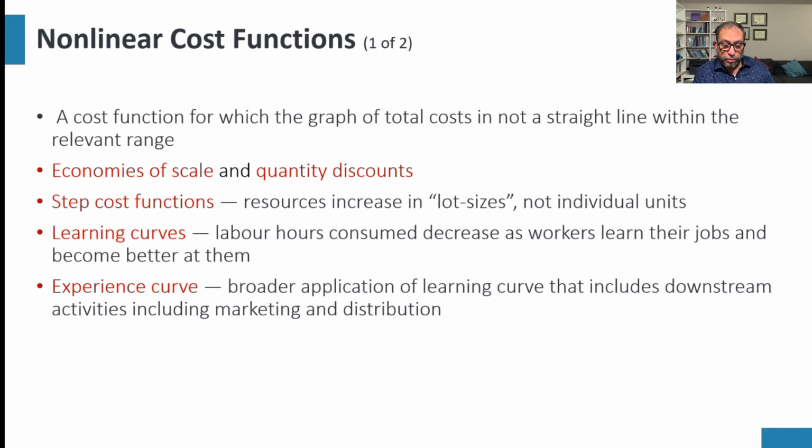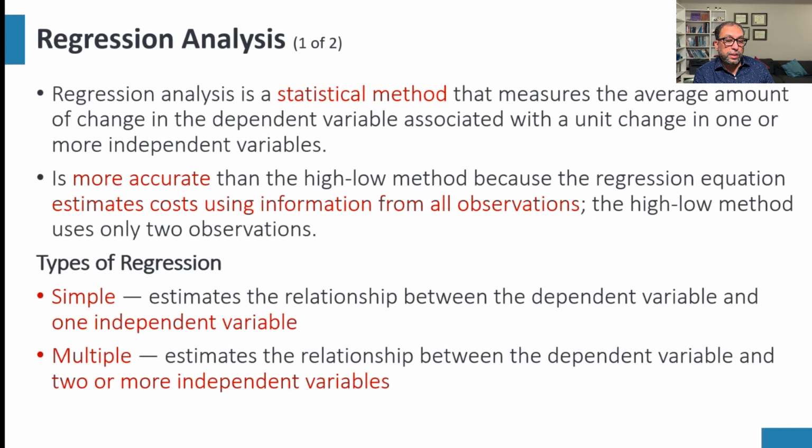Regression analysis is a statistical method that measures the average amount of change in the dependent variable associated with the unit change in one or more independent variables. It is more accurate than the high-low method because the regression equation is estimated using information from all observations, as compared to the low and high method, which only focuses on the highest and the lowest.